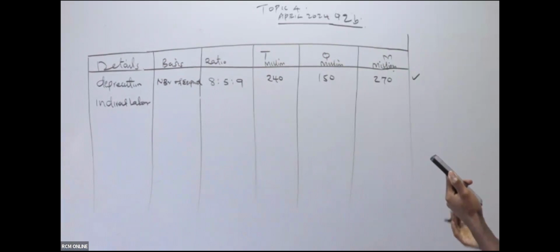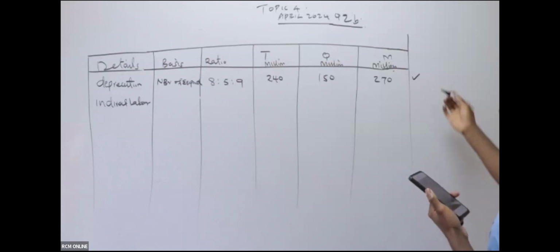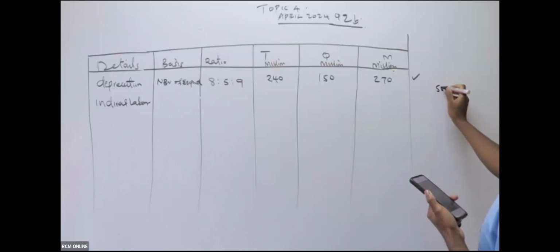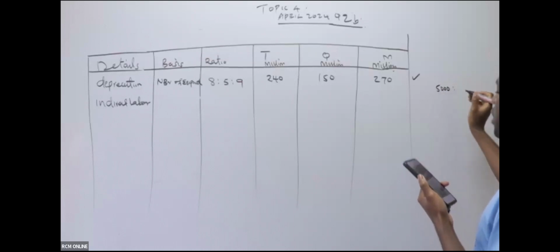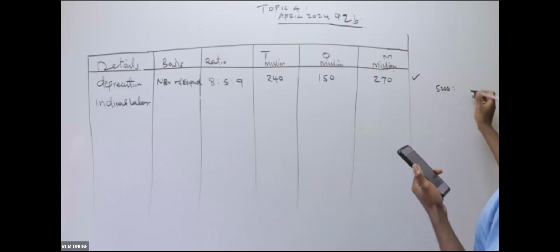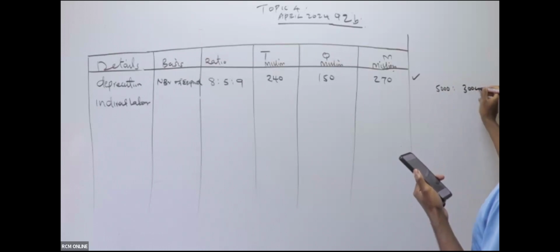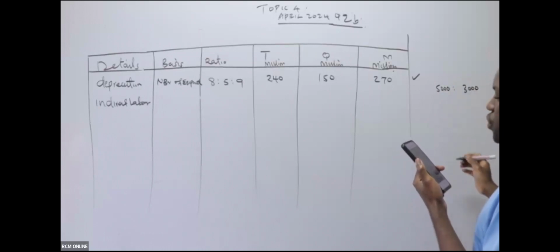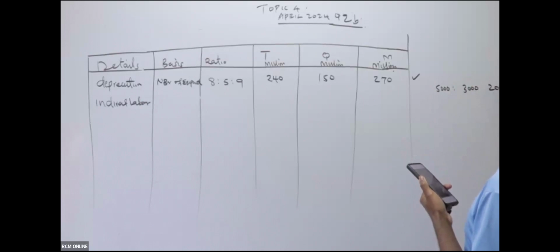The allocation basis is direct labor hours. So let's look at our question. The production department has got 5,000 labor hours. Q has got 3,000 labor hours. And M has got 2,000 labor hours.